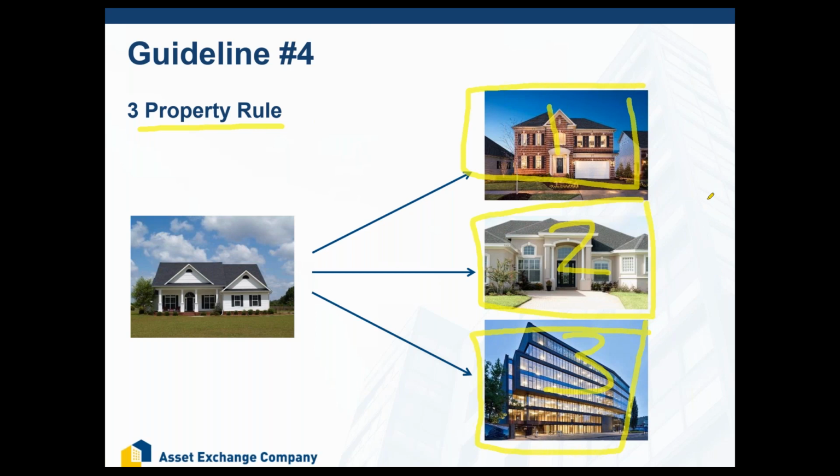But guess what? Once you nominate those properties on day 45, you can't change. So on day 46, if property number 1 gets sold to someone else, you can't replace it. On day 47, if property number 2 burns to the ground, you can't replace it.